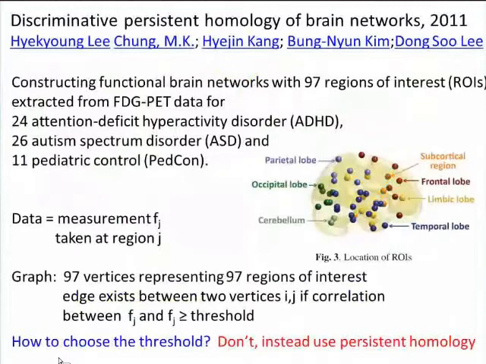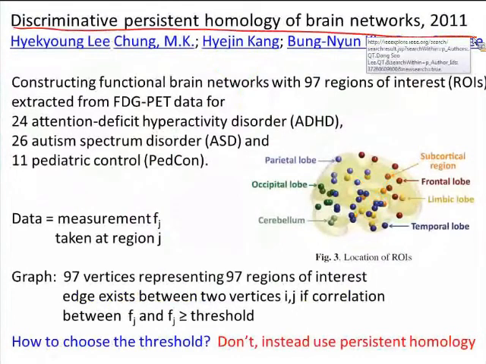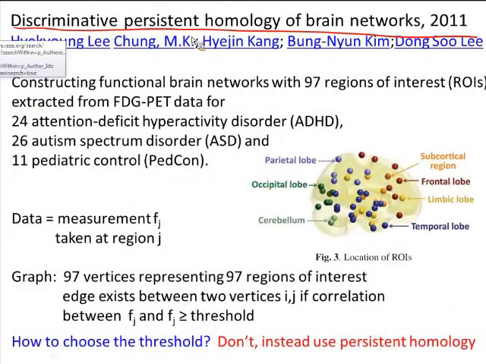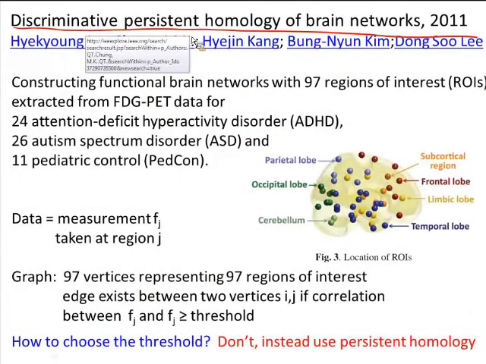To motivate, however, I like to motivate with biology applications. So to motivate this persistent homology, we're going to very briefly discuss this 2011 paper on discriminative persistent homology of brain networks.